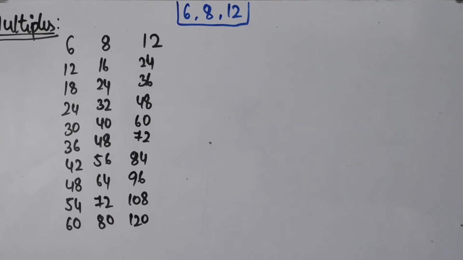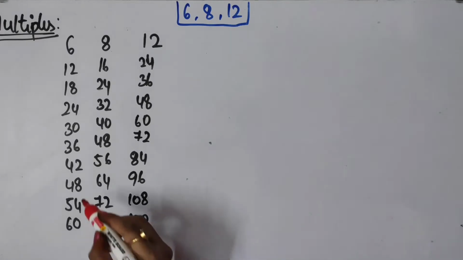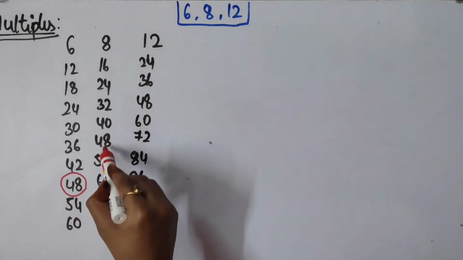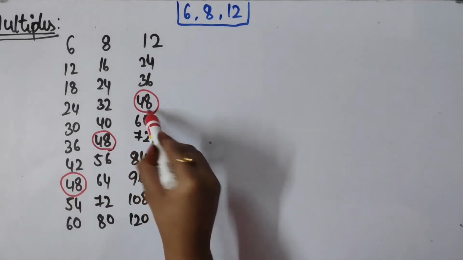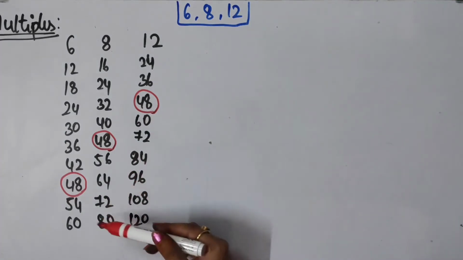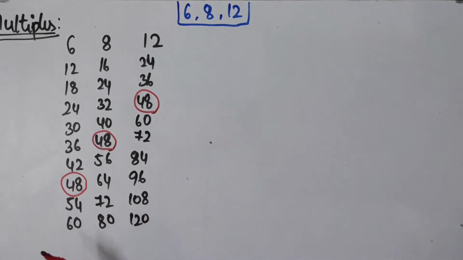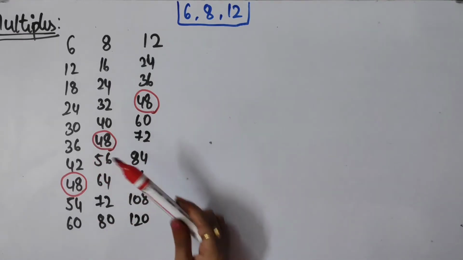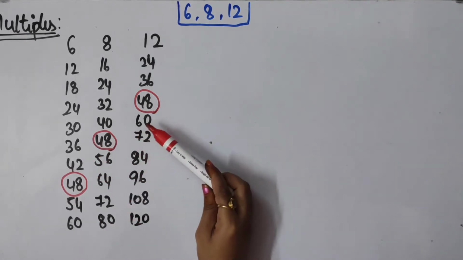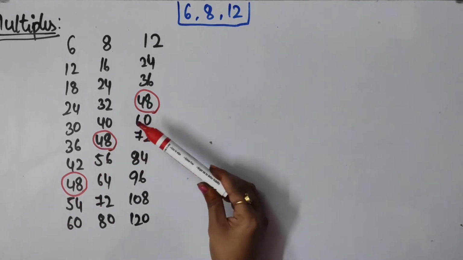So now let's see, as our topic name says, lowest common multiple. Let's see what the common multiples are. I can see 48 between these three. Also I can see 72, but it is only common between these two numbers. And also I can see 60, but it is common between only 6 and 12.